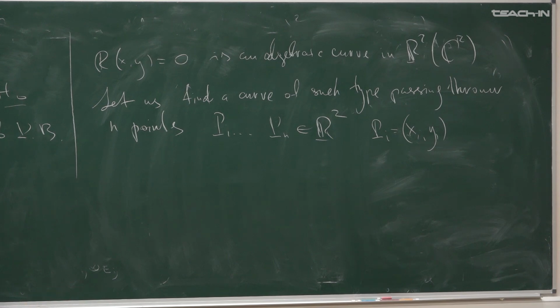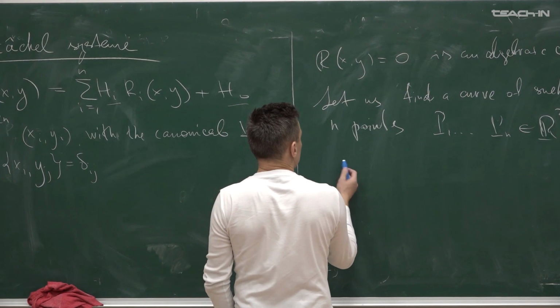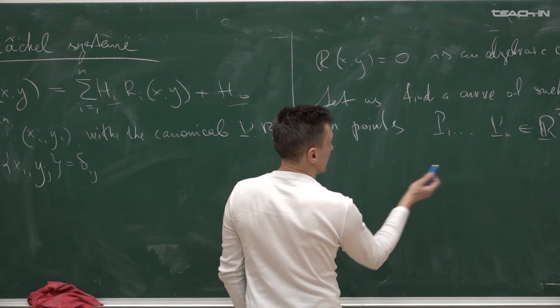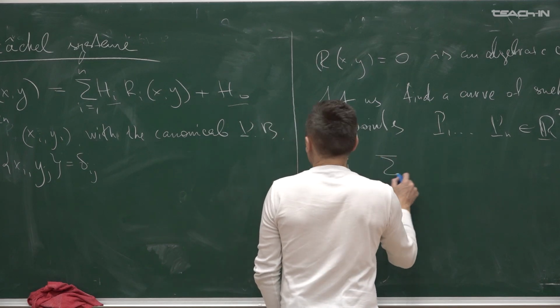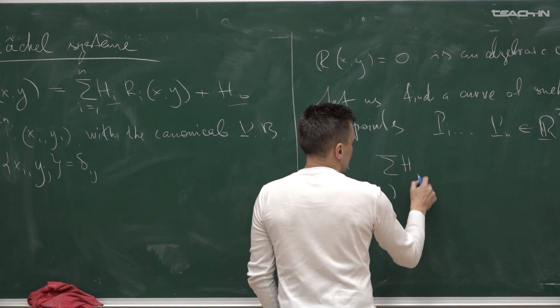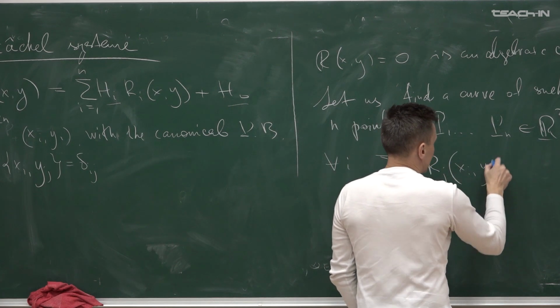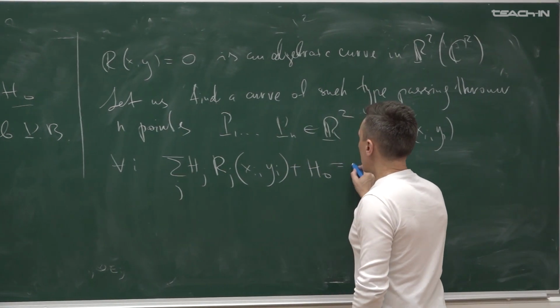So it means that we have to solve this set of equations. For all i, we have the sum over j of h_j r_j(x_i, y_i) plus h0 equal to 1.